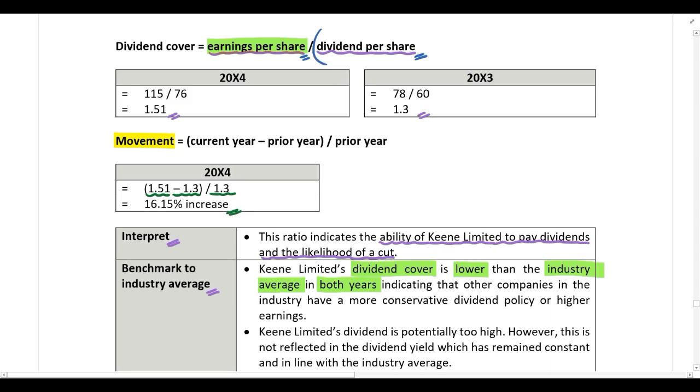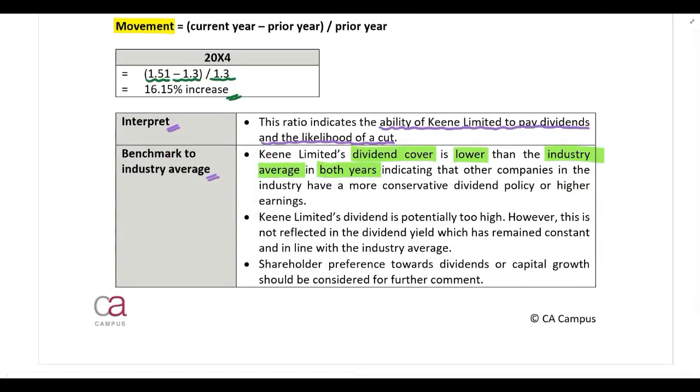Because if the dividend is smaller relative to earnings, they will have a higher dividend cover. So this indicates that other companies in the industry have a more conservative dividend policy, so they're paying out smaller dividends relative to their earnings, or they have higher earnings, and that will cause the industry average to be higher than Keen Limited's dividend cover.